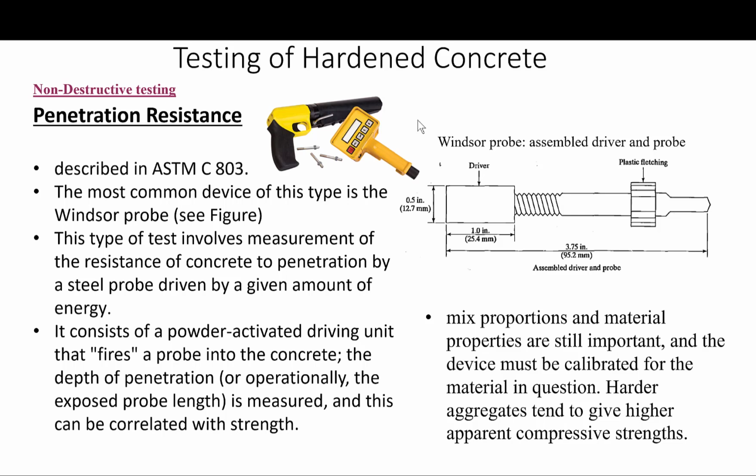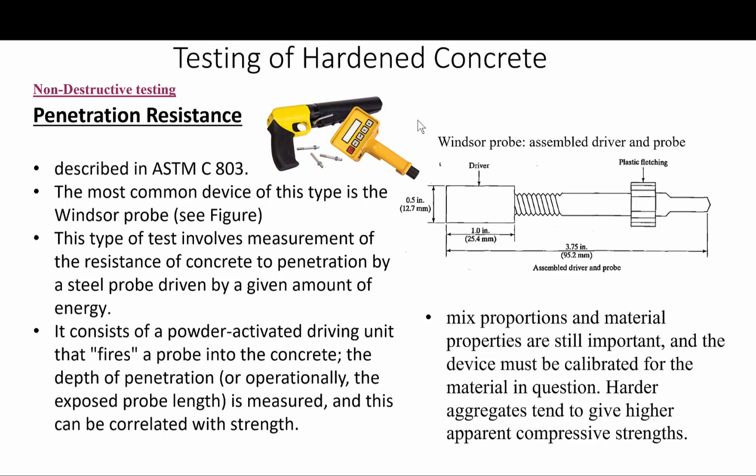Okay? So it consists of a powder activated driving unit that basically fires a probe into the concrete. The depth of penetration, or in a practical manner, the exposed probe length, is measured, and this can be correlated with strength.